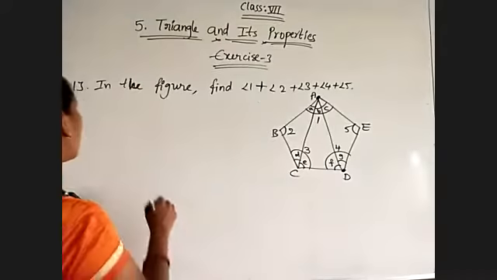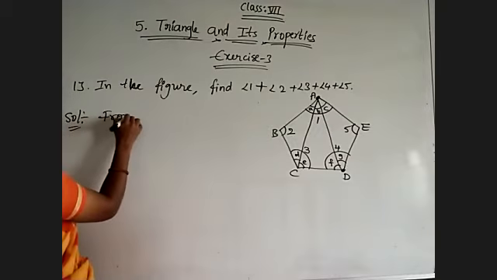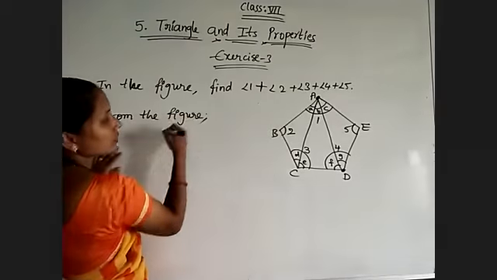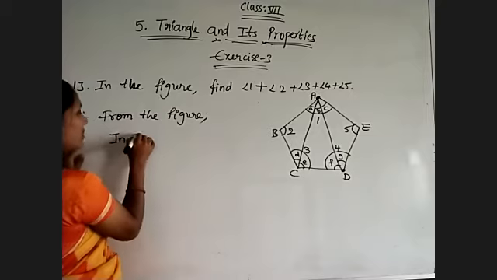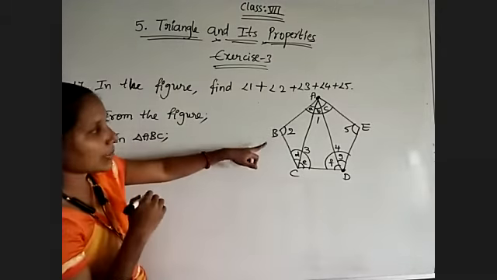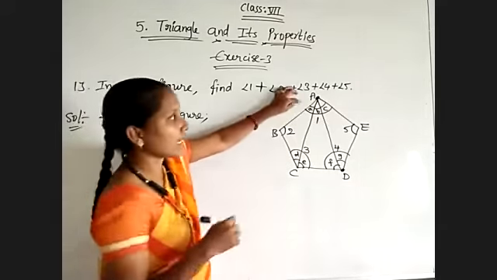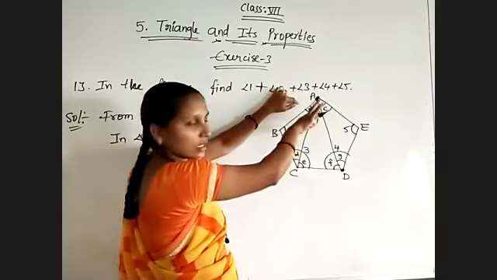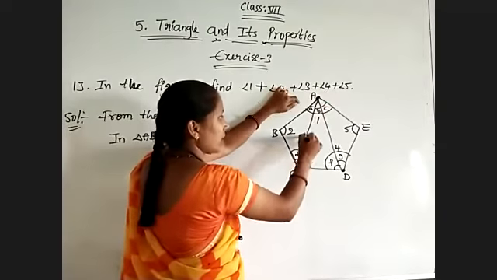So now what I am doing from the figure, in triangle ABC, apply the angle sum property. Angle A plus angle B plus angle C will be equal to 180 degrees. But here for angle A, only some part we have to take, not the complete angle A. This triangle we are using is ABC.